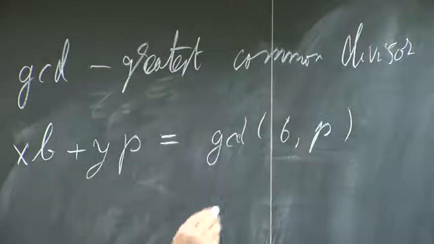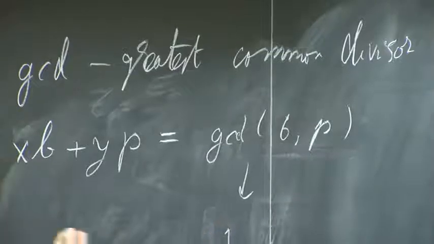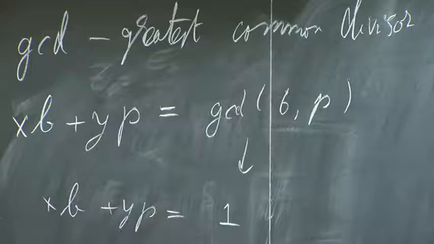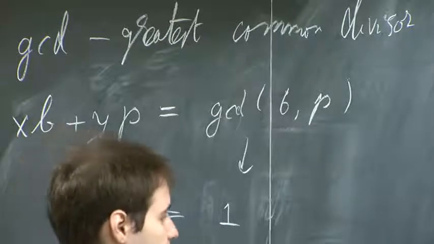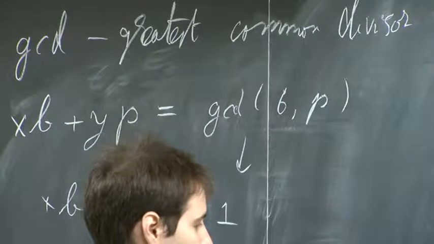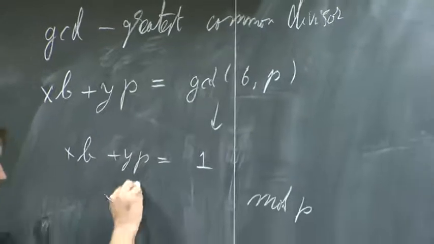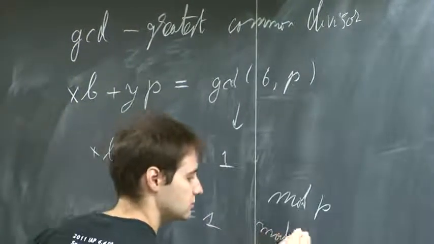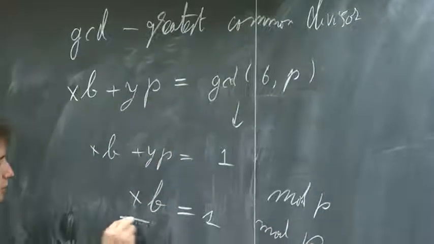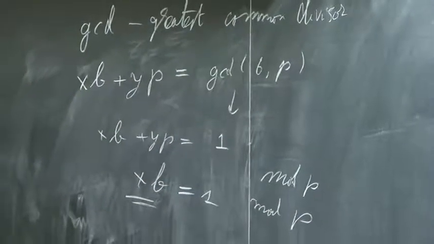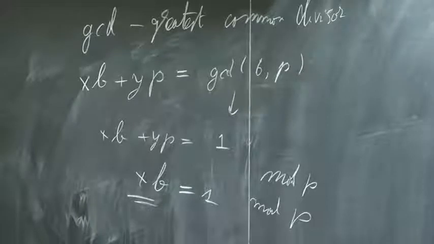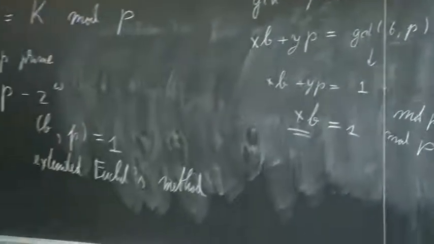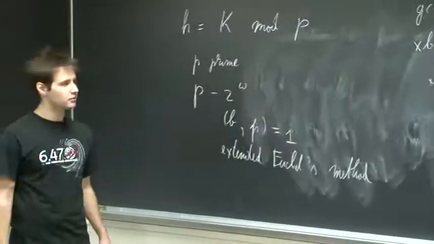So if this is 1, then you have xb plus yp equals 1. And if you're working modulo p, then you have that xb is 1 mod p. So there's your multiplicative inverse. Now that's nice math, right? But that doesn't tell me why we are not using this. So the multiplicative inverse would work.